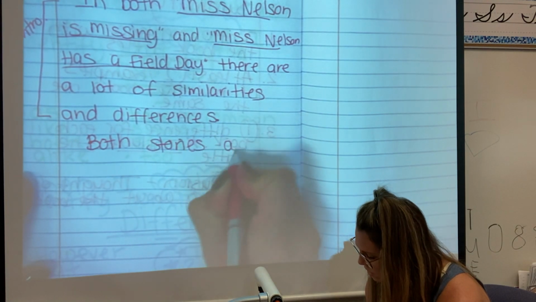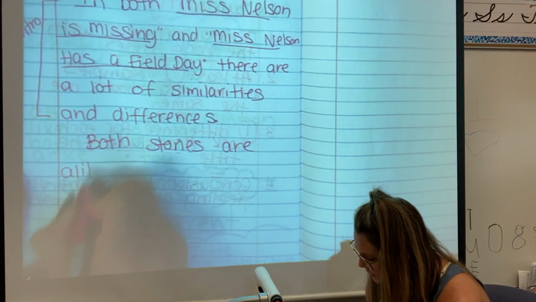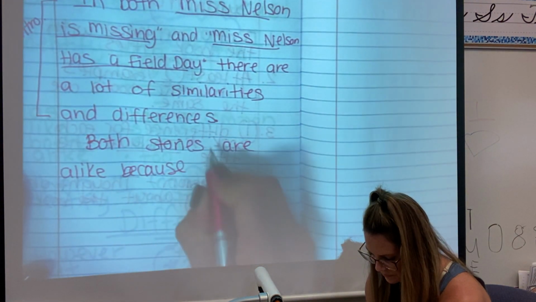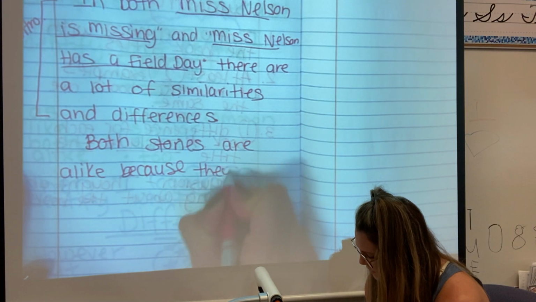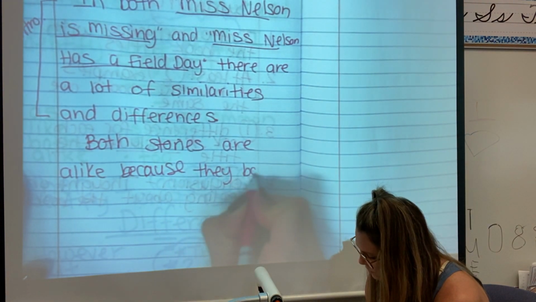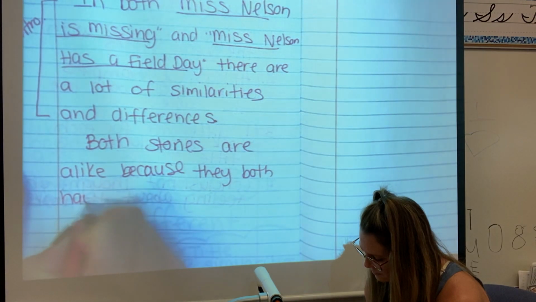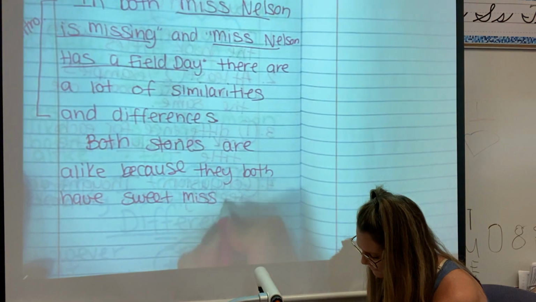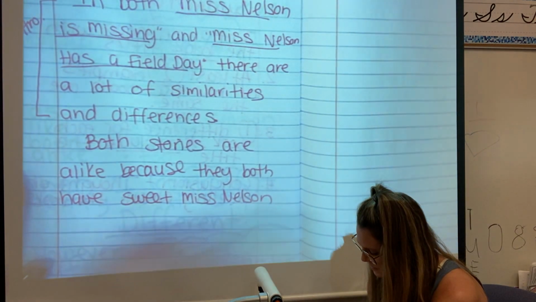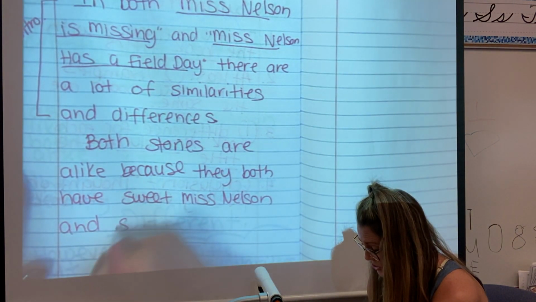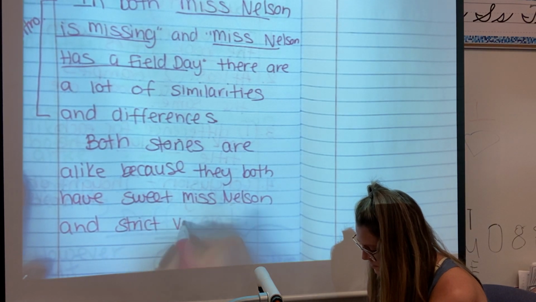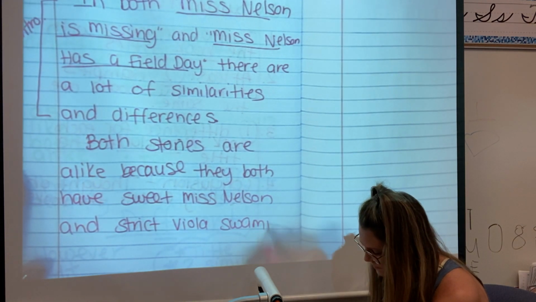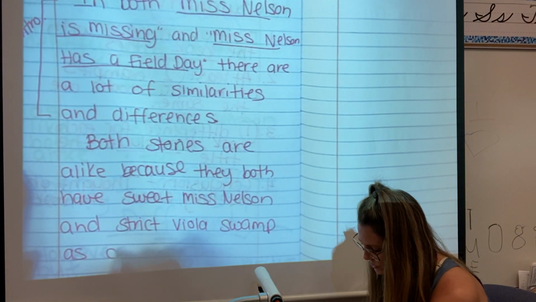Both stories are alike because they both have sweet Miss Nelson and strict Viola Swamp as characters.